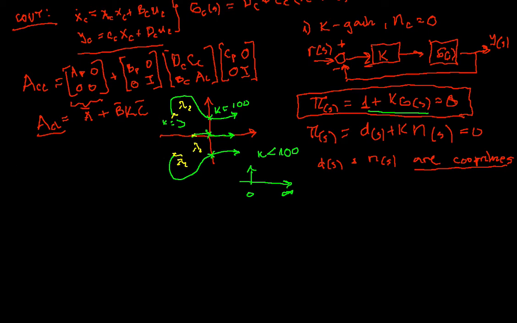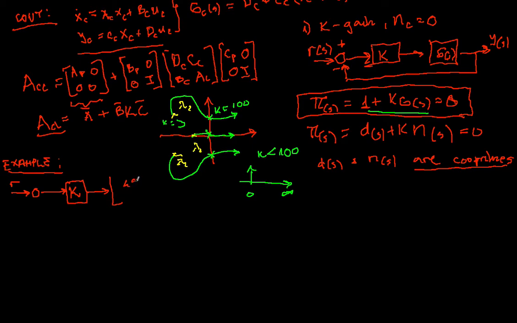Now let us look at an example where we have the following plant and a gain-based controller. So just a simple gain, how are we going to ensure the closed loop system stability?